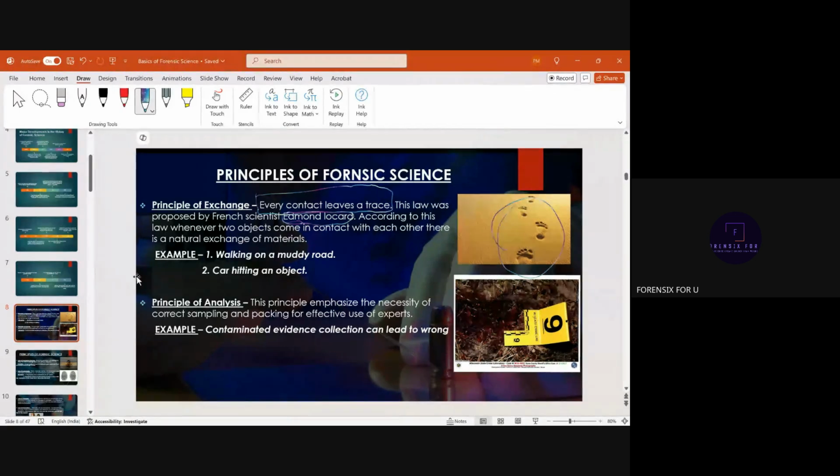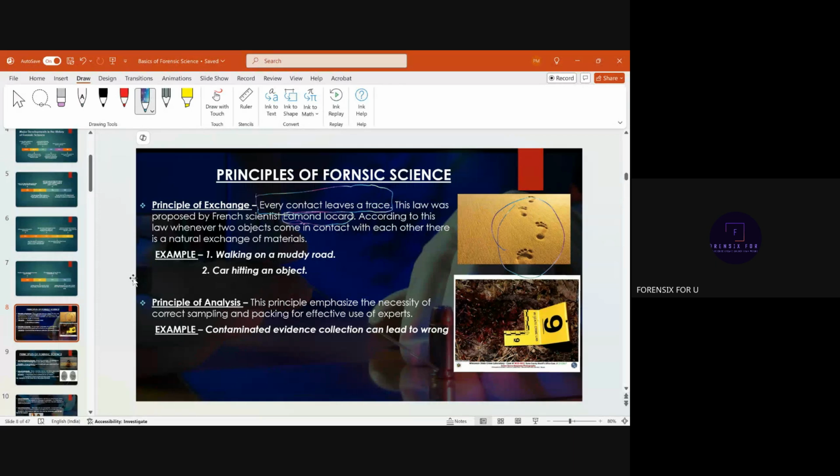And this is exactly how we catch criminals, be it fingerprints, hair, saliva, sweat, blood, footprints, whatever evidence we find at the crime scene is based on this principle only: whenever a criminal comes into a crime scene, he definitely has to leave something there, something that belongs to him, and something that is going to help the police track him down, right?